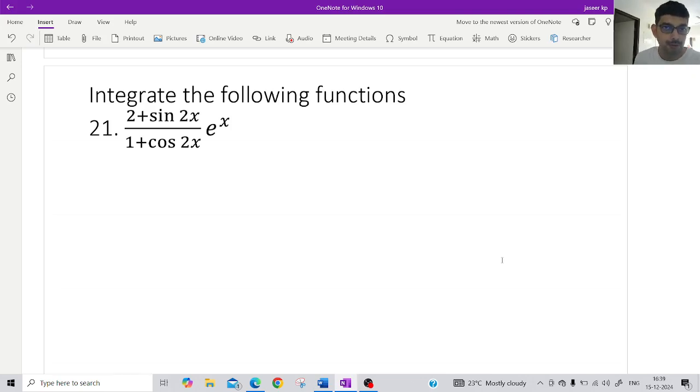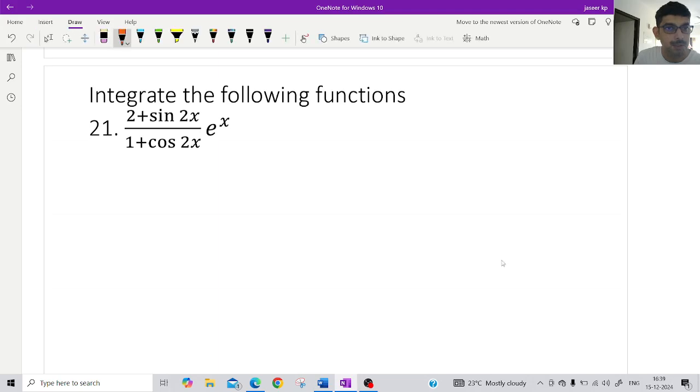Integrate the following functions. The first one is (2 plus sin 2x) divided by (1 plus cos 2x), times e power x. We are going to convert this using trigonometric identities, splitting it first as 2 by (1 plus cos 2x) plus sin 2x divided by (1 plus cos 2x), dx.